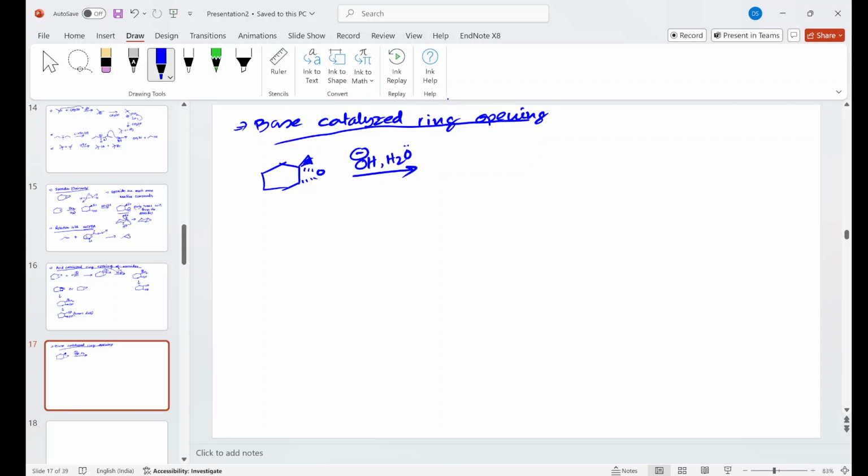Water is already in the medium. So base will generally attack at the less substituted position. Okay, and it will form the anti product.